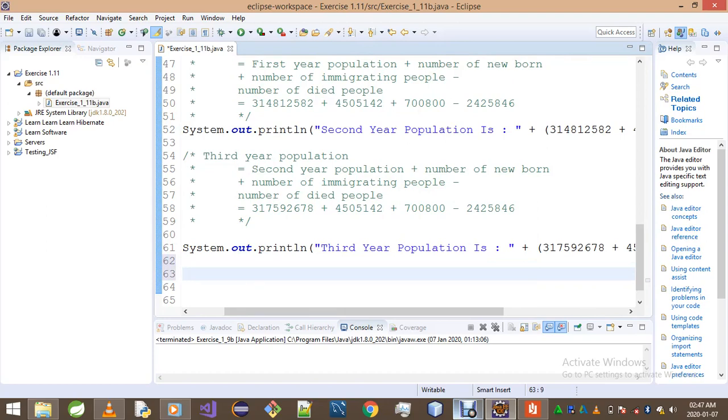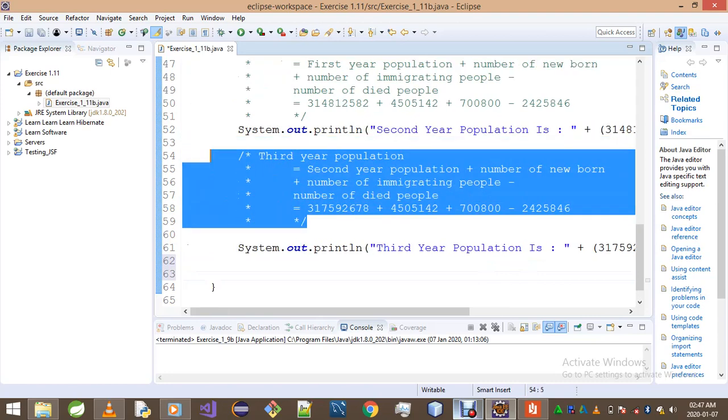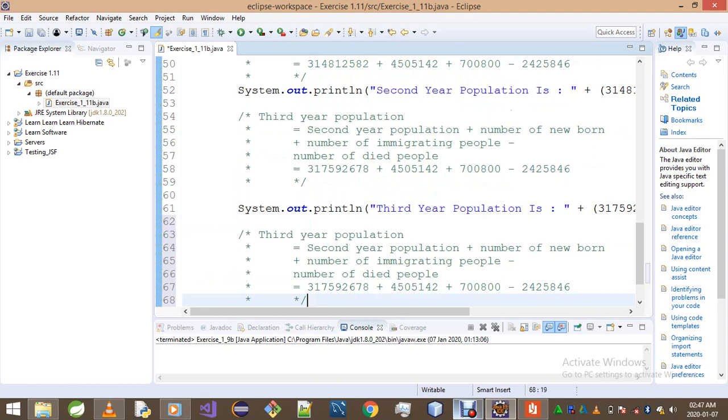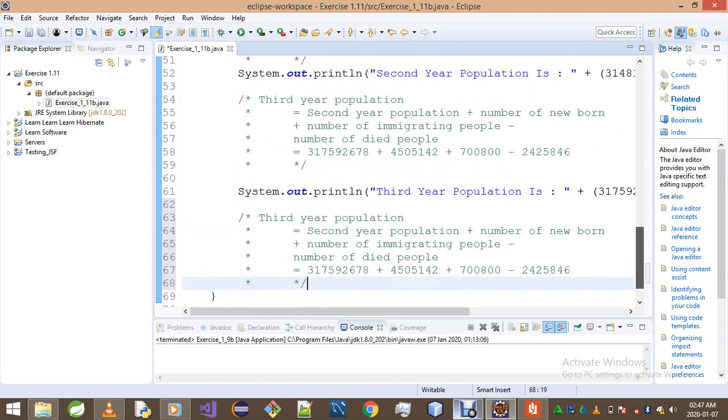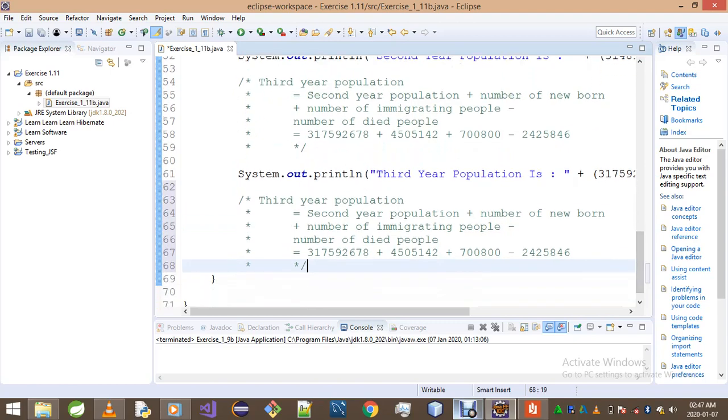But let's hope it's gonna work out, because right now we are on the fourth year. Okay, fourth year. It's third year population plus this plus that.